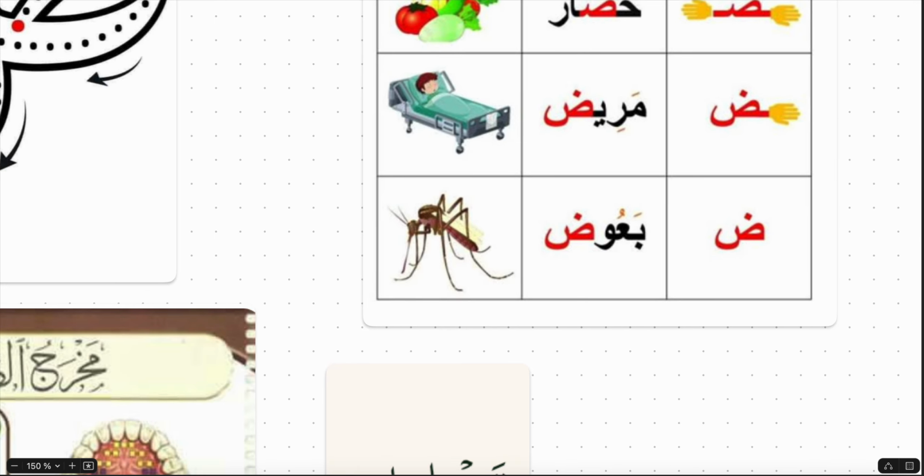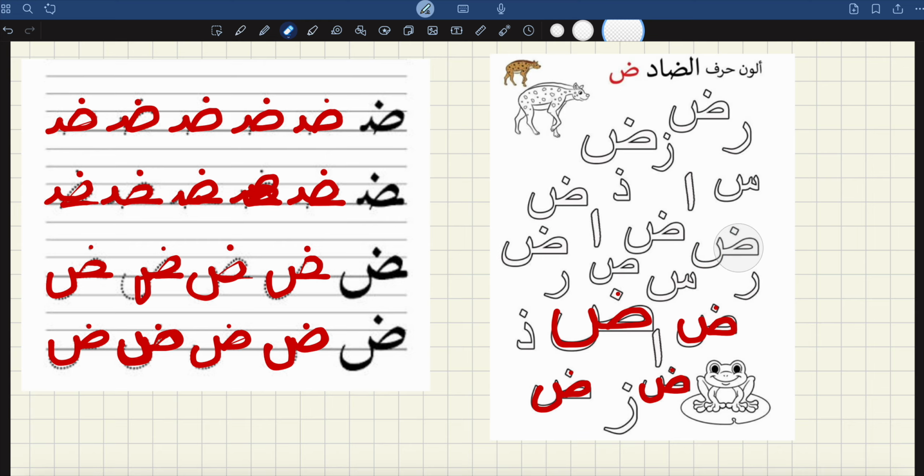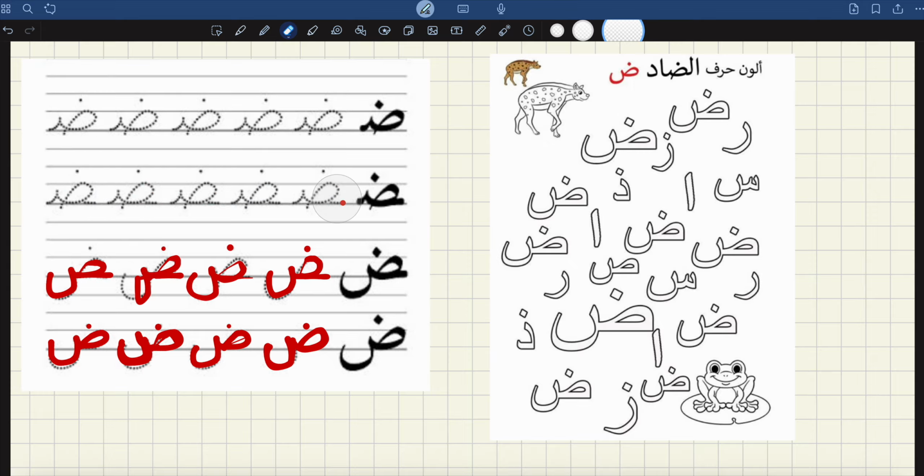Now we are going to the activities. In the activities here we search for the letter ضاد and we try to write it. And here we are writing it in the beginning of the word, in the middle, and at the end of a word.